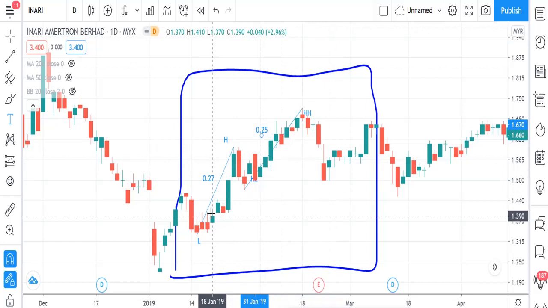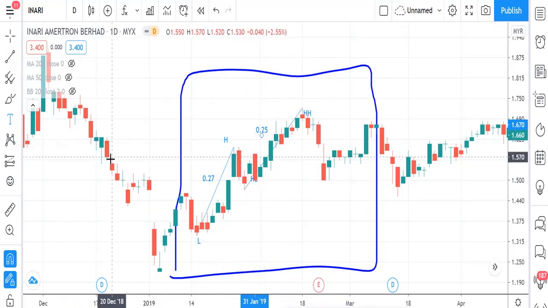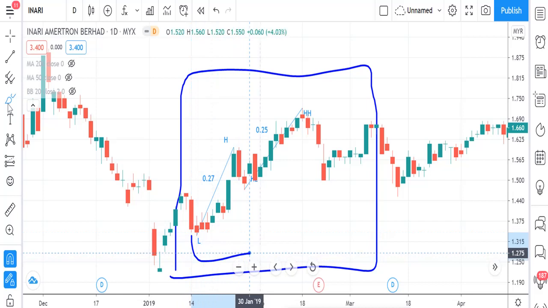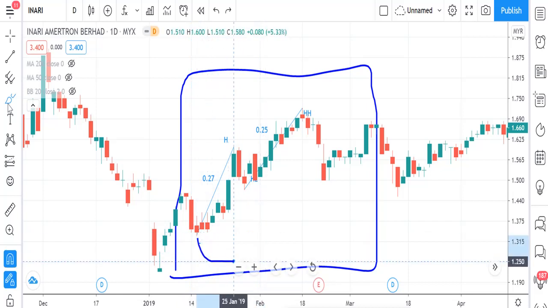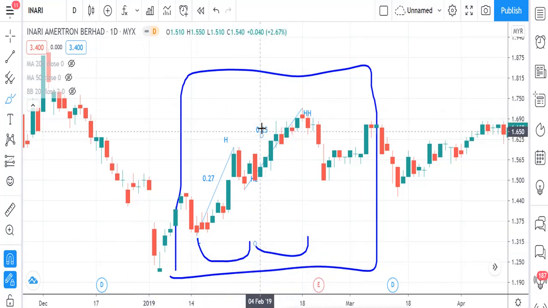I'll show you the loops as well. The way we have loops here is from the low up to here, that's one loop. Then from there up to here, there's another loop. Those are the two loops. In the second loop we saw that it increased by 25 cents.